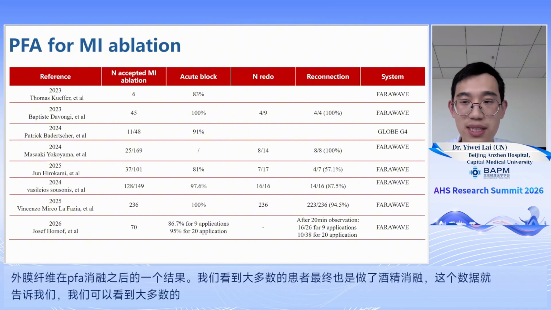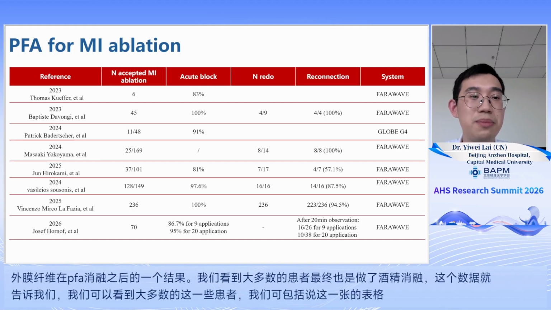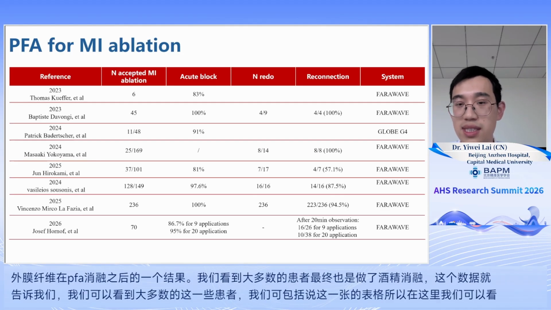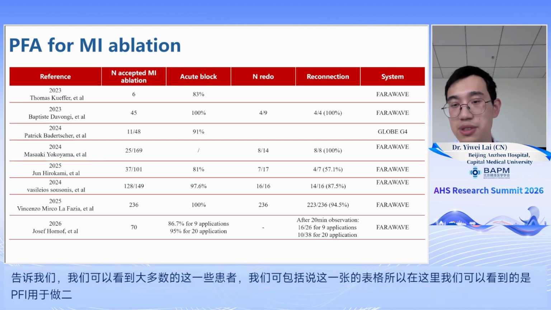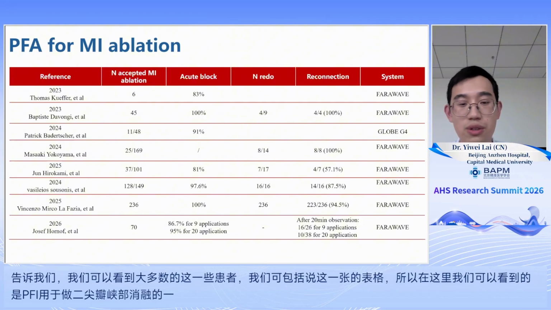And this table summarizes the recent studies using PFA for MI ablation, and consistently they observed a very high acute block during the procedure, but also a considerable reconnection occurred in the long-term follow-up.